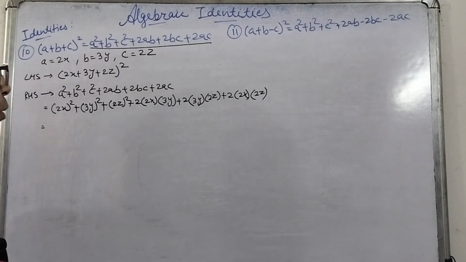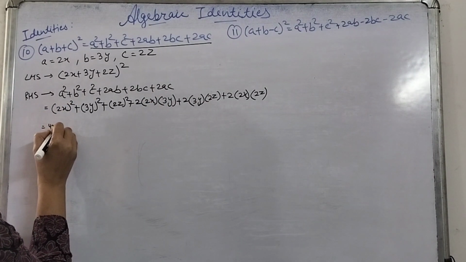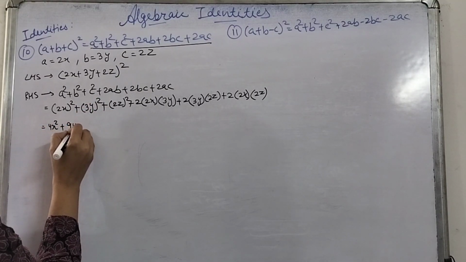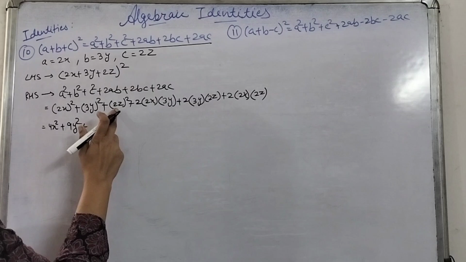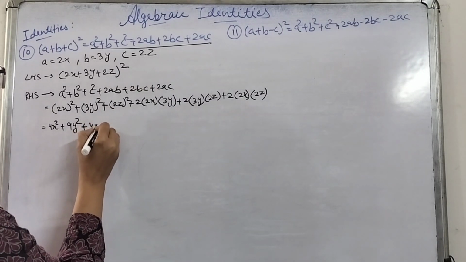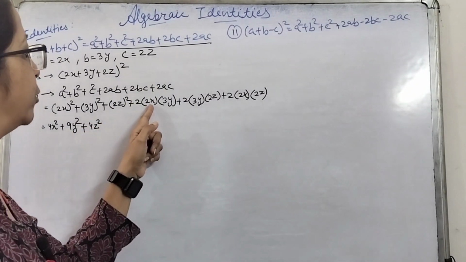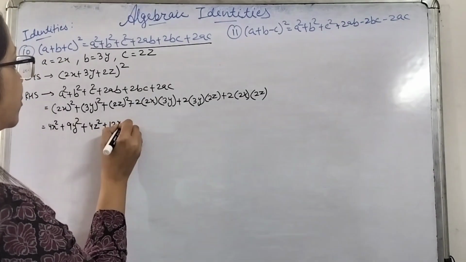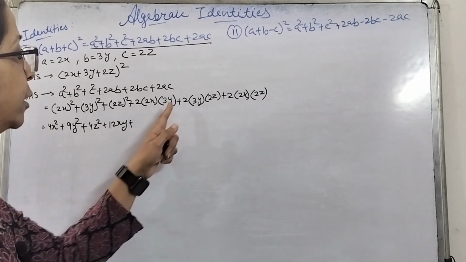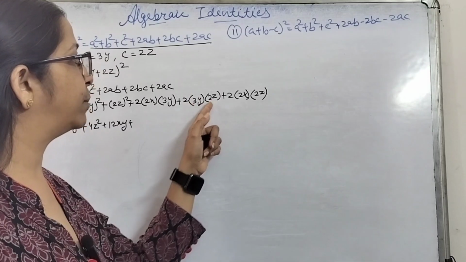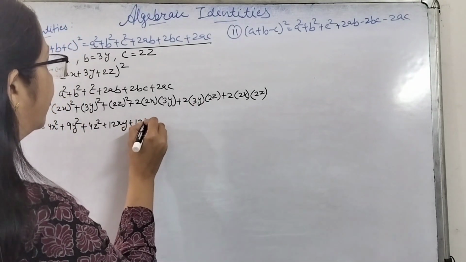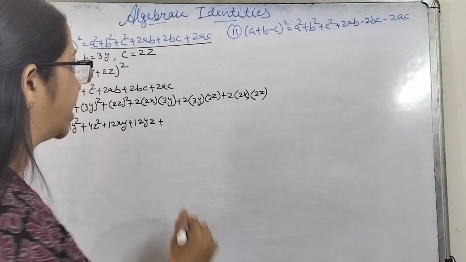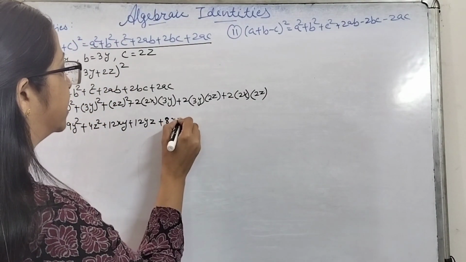2x square means 2x multiplied by 2x, that will be 4x square. Plus 3y whole square is 3 3s are 9y square. 2z whole square means 2z into 2z, that is 4z square. Now 2 multiplied by 2 is 4 and 4 3s are 12, plus 12xy, plus 2 multiplied by 3 is 6, 6 multiplied by 2 is 12yz, plus 2 2s are 4 and 4 2s are 8, 8xz.